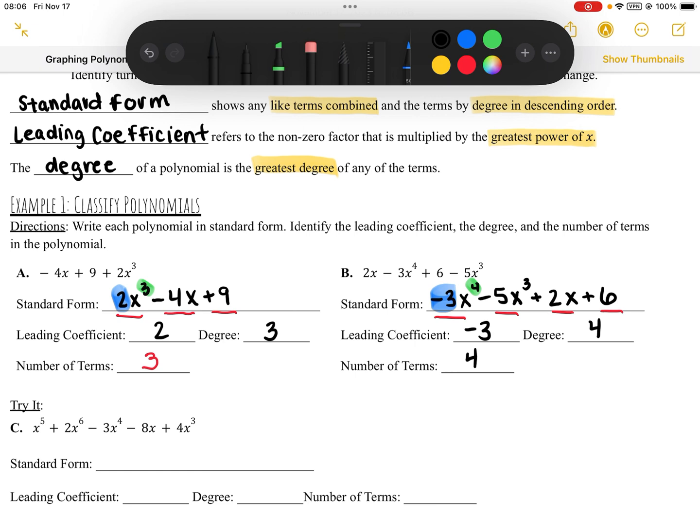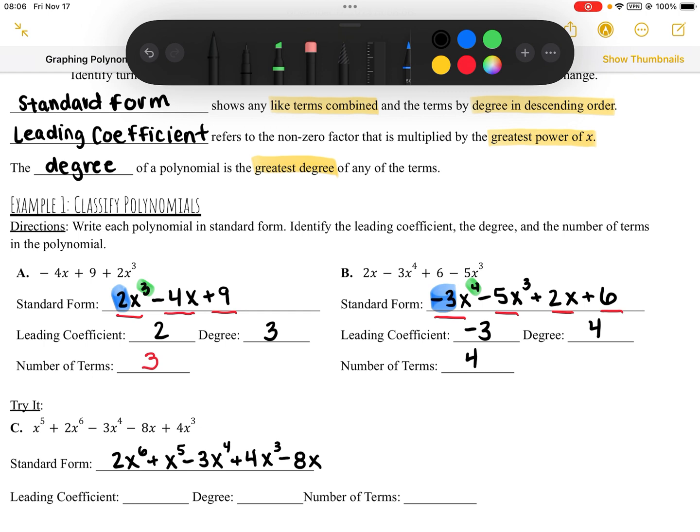So for C, I have x to the 5th plus 2x to the 6th minus 3x to the 4th minus 8x plus 4x to the 3rd. So I'm going to write it in standard form. My highest power is x to the 6th, so I'm going to have 2x to the 6th, then plus x to the 5th minus 3x to the 4th plus 4x cubed minus 8x.